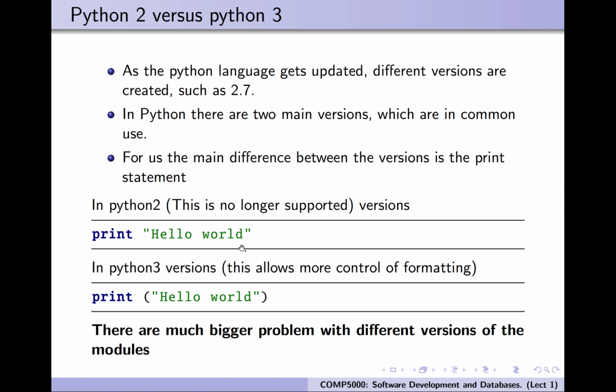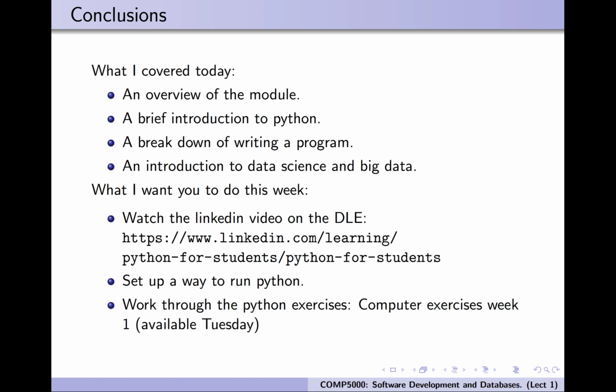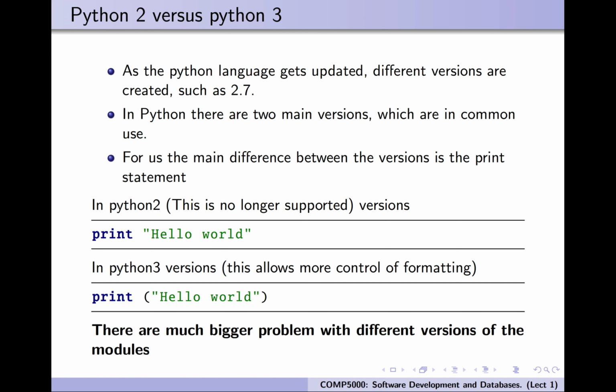This is a kind of versioning issue, and there are much bigger problems with different versions of the modules and libraries, where quite often you'll load something from the web and try to run it, and because you're using a slightly different input library, it'll cause you grief. Okay, that's all I wanted to say.